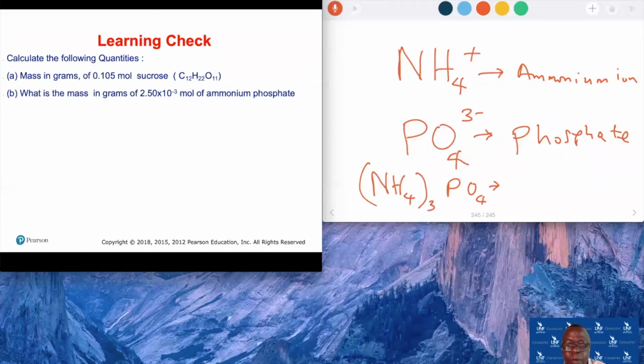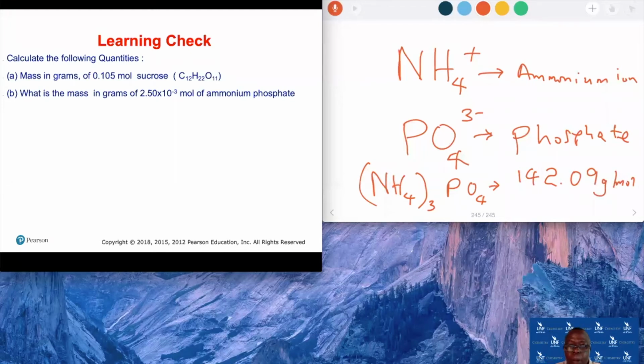And then from here you can use the periodic table to find the molar mass. You can Google it, but I don't recommend Googling, sometimes they give you wrong values. Use the periodic table, and it turns out that this is the molar mass of ammonium phosphate.